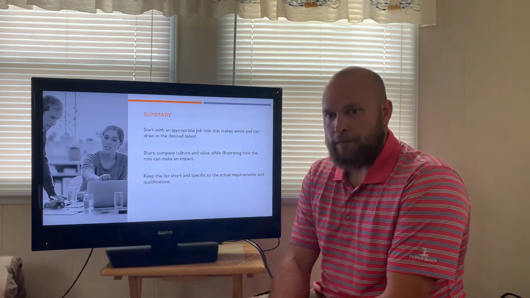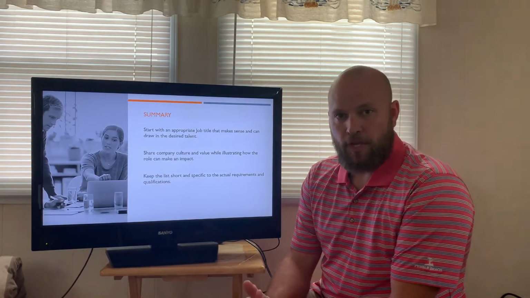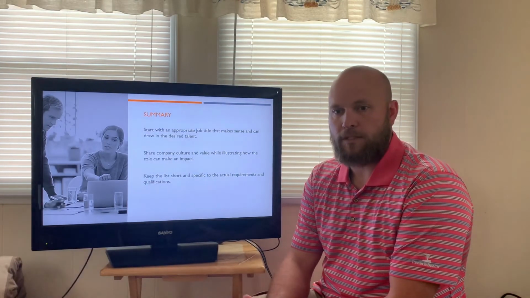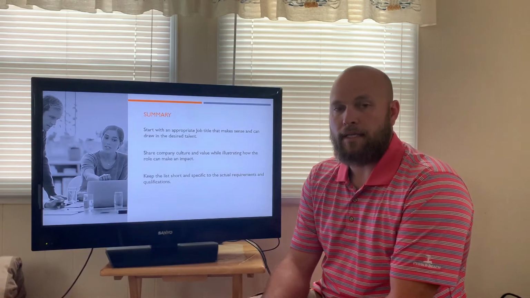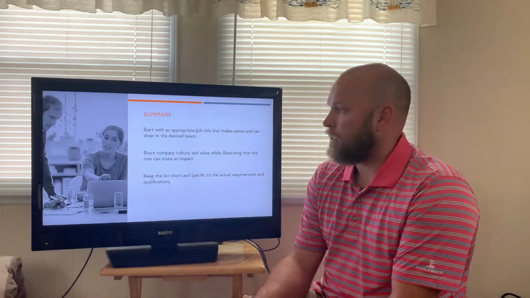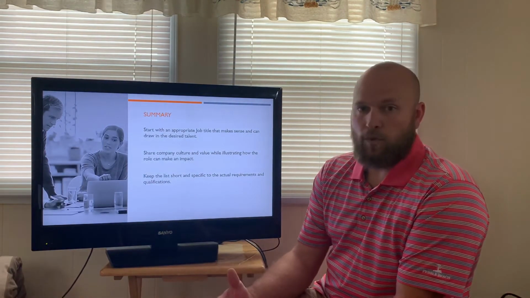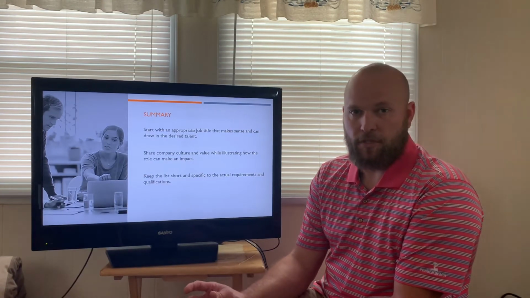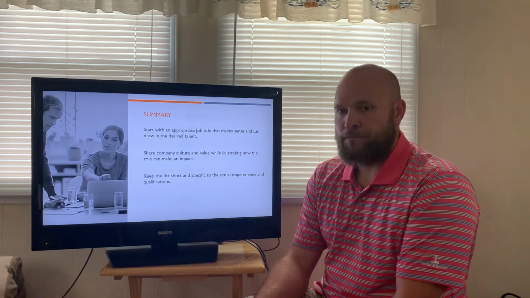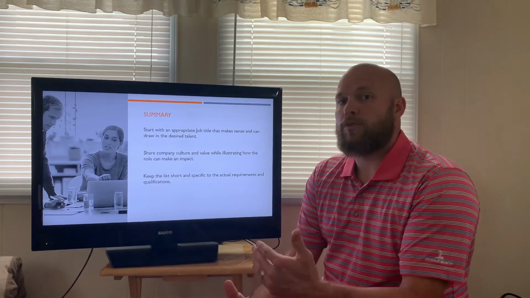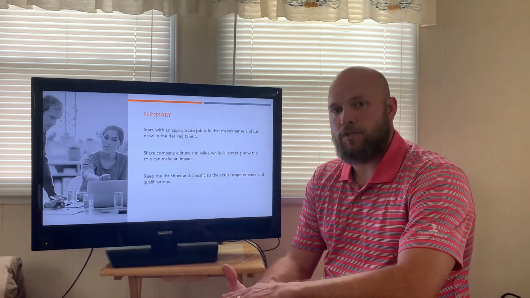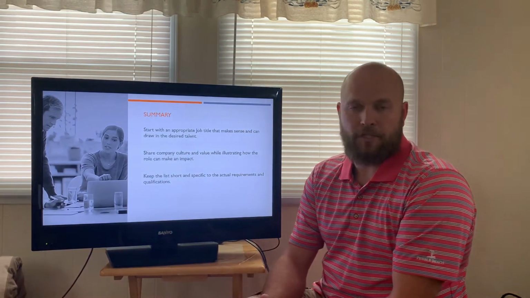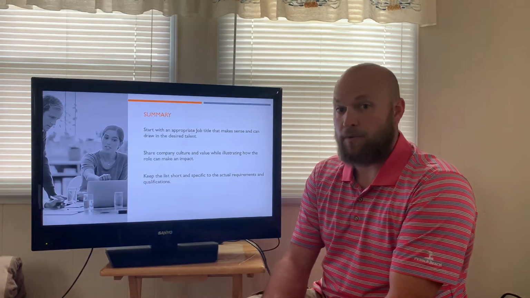So in summary, you want to make sure that you have a title that accurately depicts the role and gives a glimpse at the individual position that you're hoping to draw applicants for. Then you also want to make sure that the area piece gives a good view of your company's culture, values, and direction.